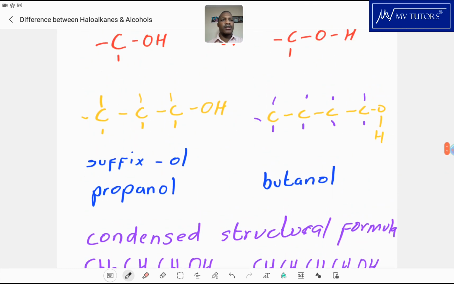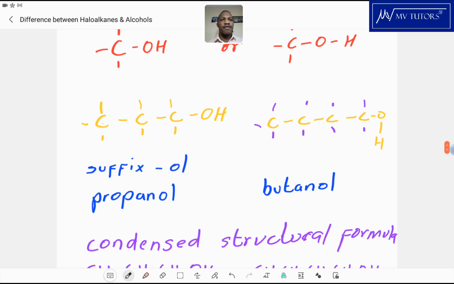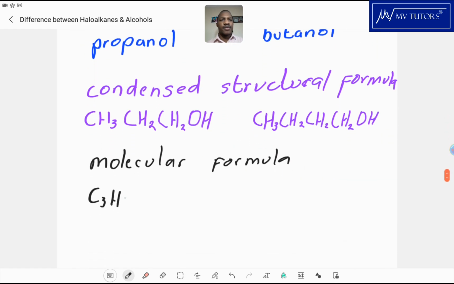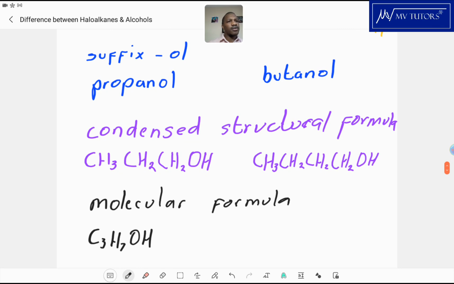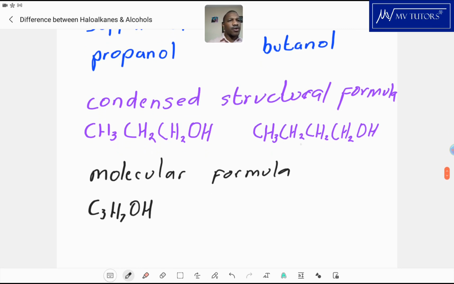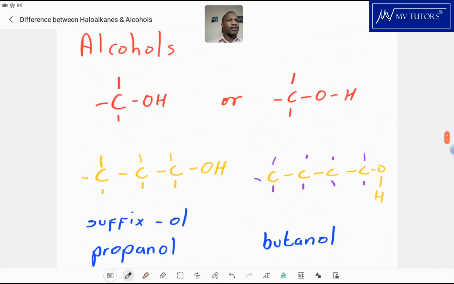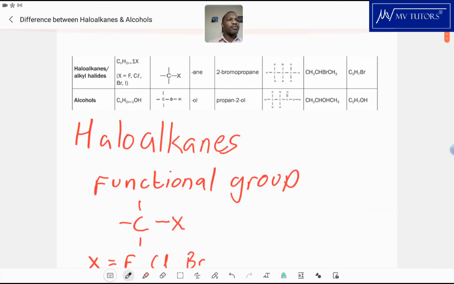Or you can count 1, 2, 3, 4, 5, 6, 7, and then just add an OH, like that, to show it's an alcohol. Likewise here, you can count from the condensed one. How many C's? 1, 2, 3, 4. You got 4 C's. H's 3, 5, 6, 7, 8, 9. And then you have an OH. Like that. Okay, that's how I prefer to write it.